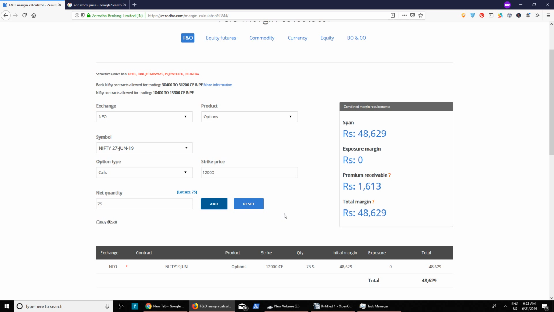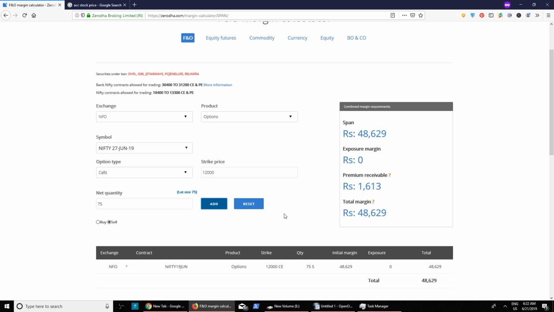Whenever you're buying options, it's exactly the opposite. If your view is right, then your probability of profit is more. But if your view is wrong, then of course you either have to take a stop loss or your probability of profit is not good.